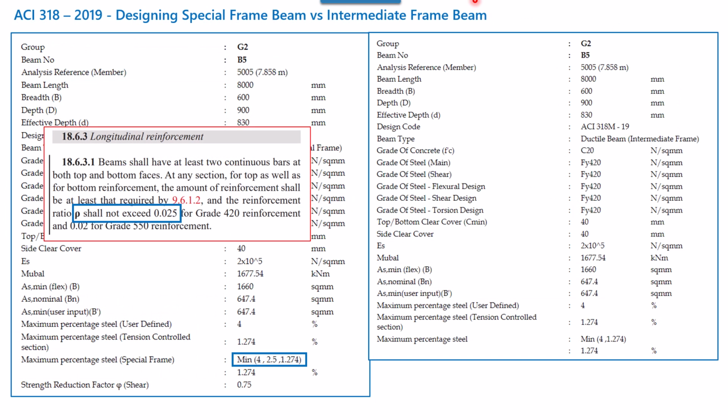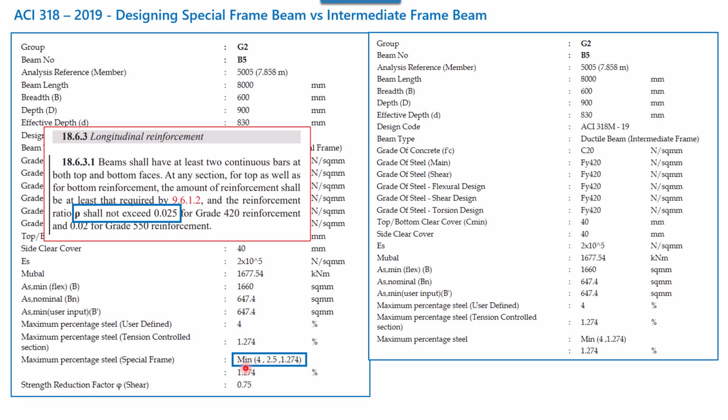Next, we will move into the designing of a special moment frame beam and intermediate moment frame beam as per the ACI 318 2019 edition. The design of the beam and the design methodology remain the same. There are a few clauses that are different for designing an intermediate frame beam and a special frame beam.